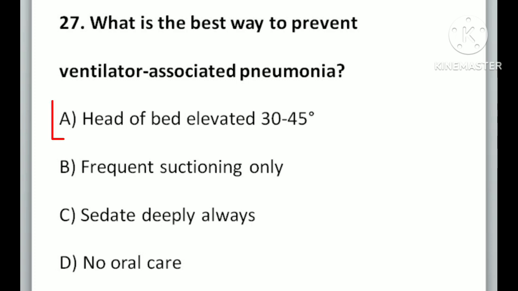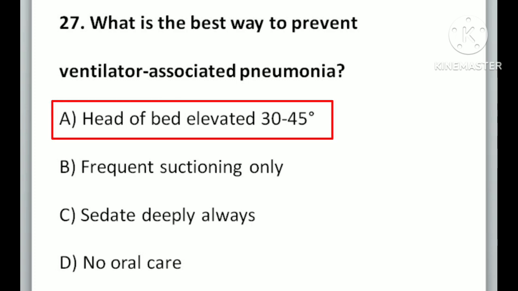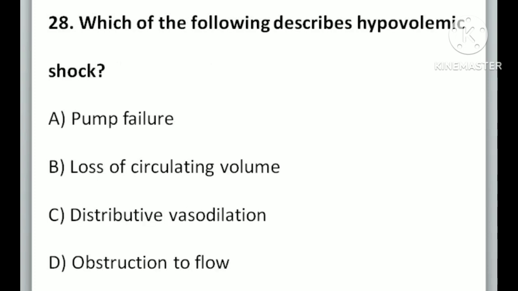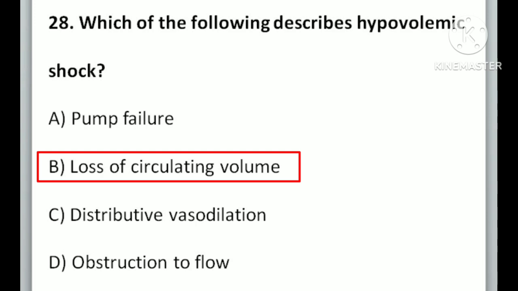Correct option is A. Head of bed elevated 30 to 45 degrees. 28. Which of the following describes hypovolemic shock? A. Pump failure. B. Loss of circulating volume. Correct option is B.